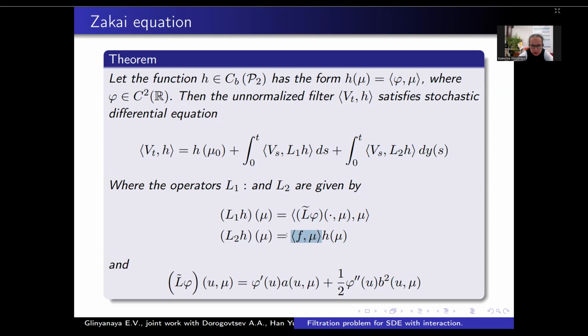As I said, for simplicity, for the signal process I take a function of measure which is again an integral with respect to the measure. So this is what we have from the signal part, and h initial here is a function of measure of this form. This is how we can see that the dependence on the observable process we get just in the stochastic part.